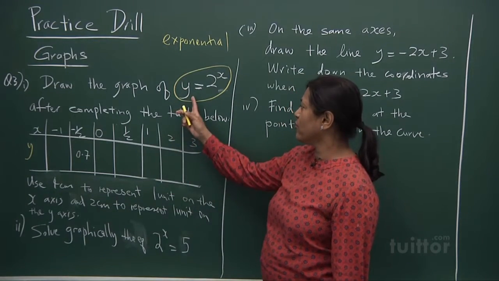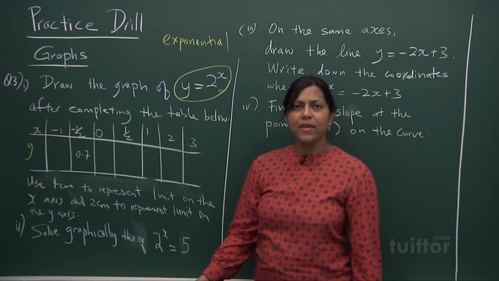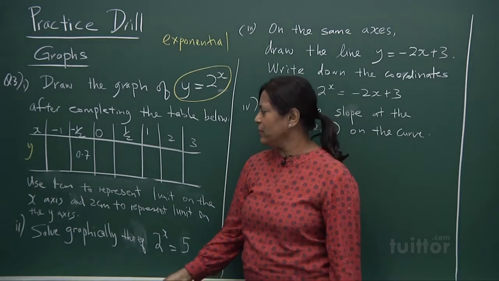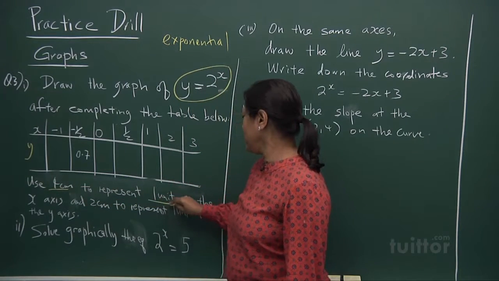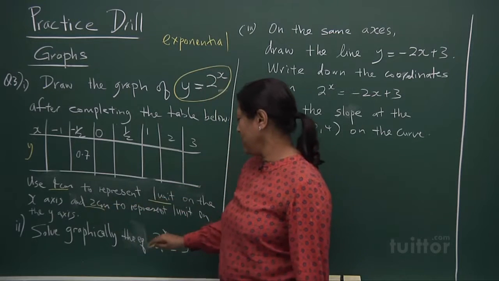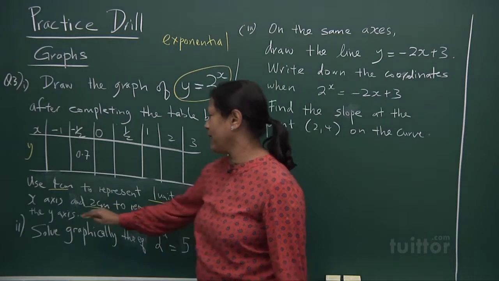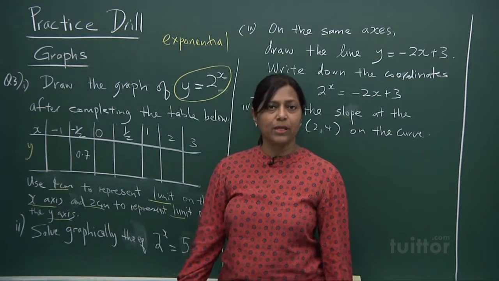They ask you to draw the graph of this after completing the table below. And they've given you a scale. Please look at your graph papers and see how you can use this: 4 cm to represent 1 unit on the x-axis and 2 cm to represent 1 unit on the y-axis. These are just guidelines on how you can do it.